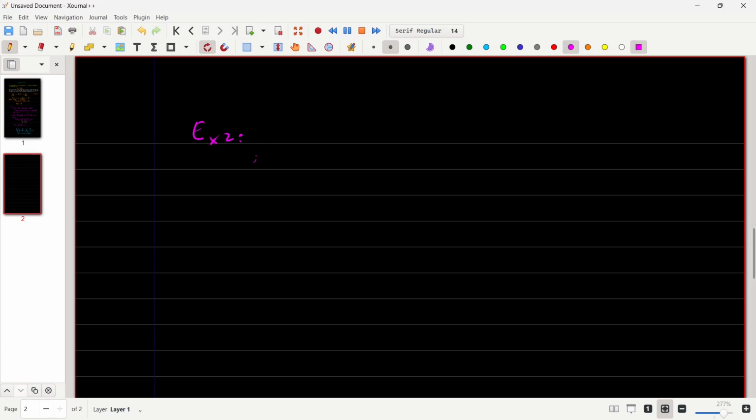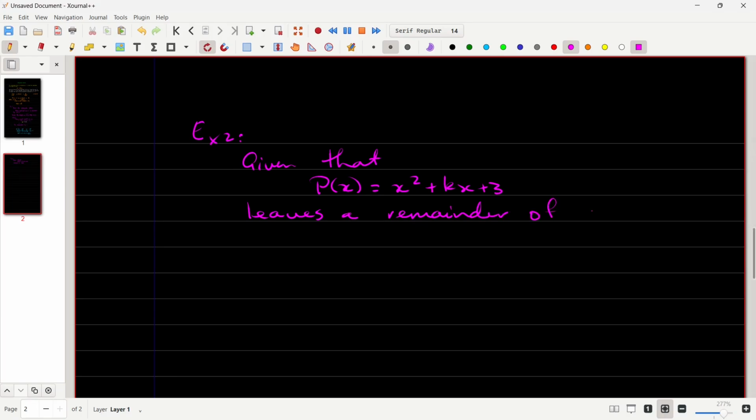And we can say that given that the polynomial p of x is equal to x squared plus kx plus 3 leaves a remainder of 5 when divided by x minus 2, find the value of k.